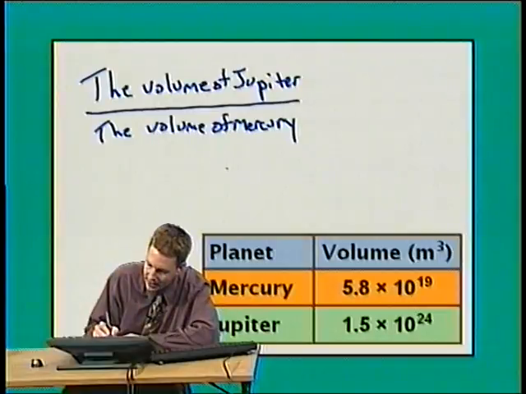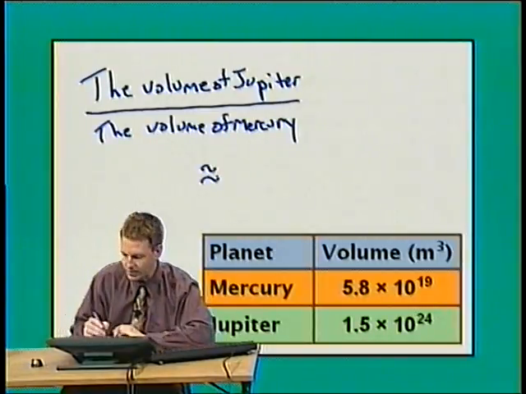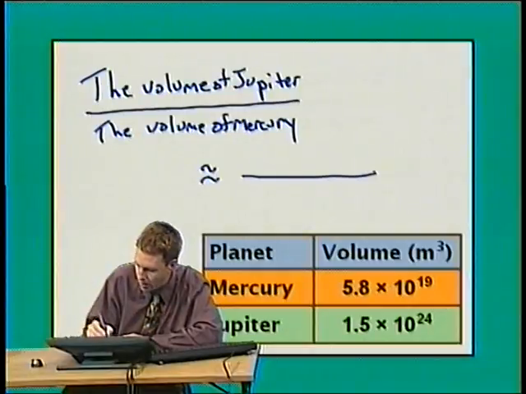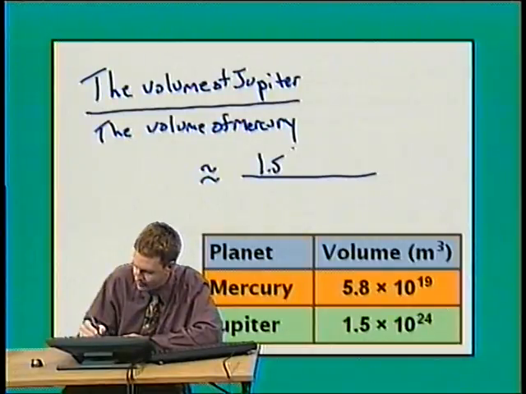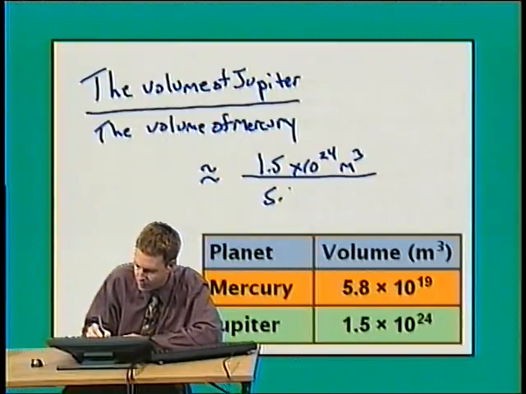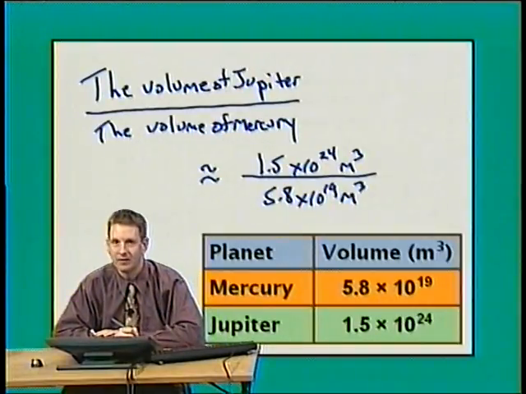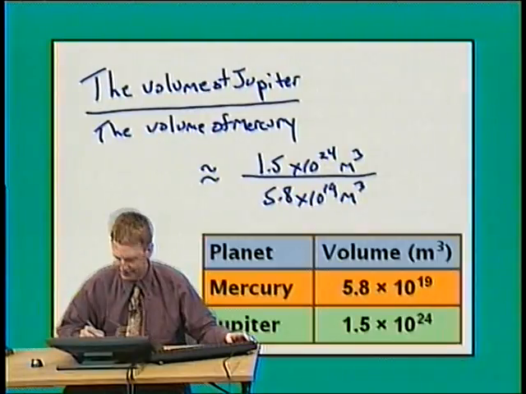In this calculation, I'm just going to go ahead and say that this ratio is about the ratio of 1.5 times 10 to the 24th cubic meters to 5.8 times 10 to the 19th cubic meters. Looks like calculator time to me.